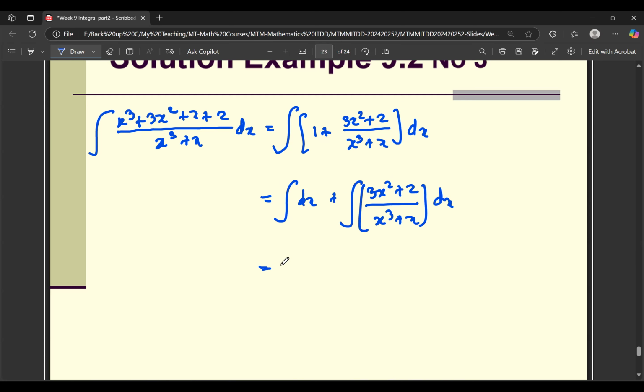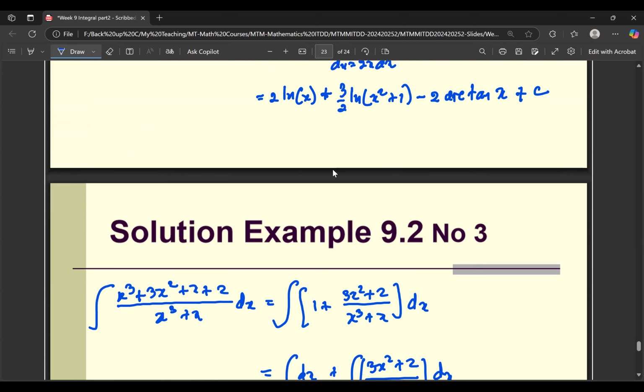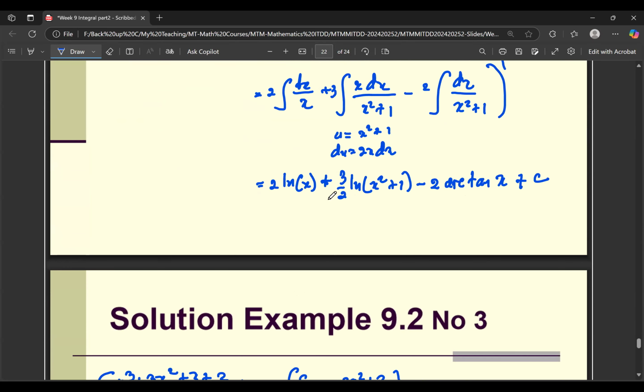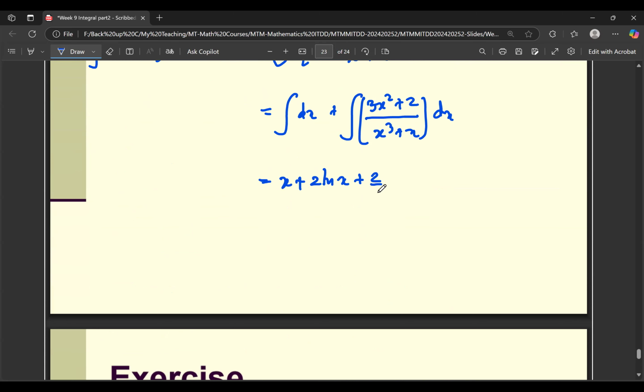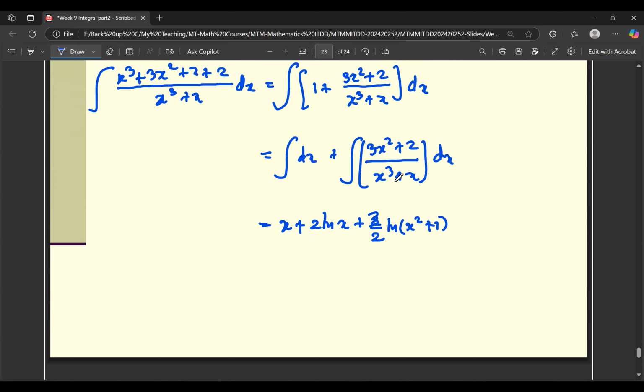Then this is easy, and this integral had been done in the last slide: x plus 2 natural logarithm of x, plus 3 over 2 natural logarithm of x squared plus 1, minus 2 tangent x plus c. So this is the last answer of number 3.